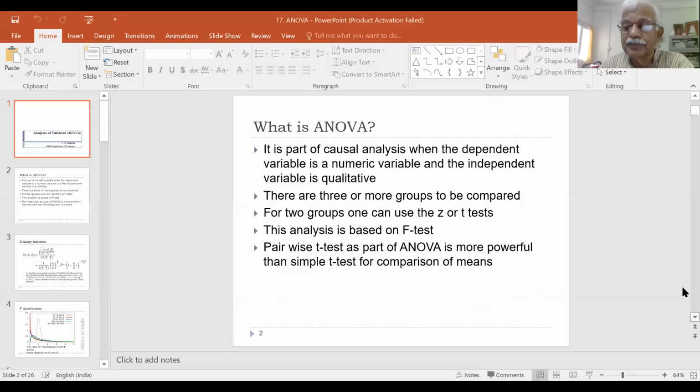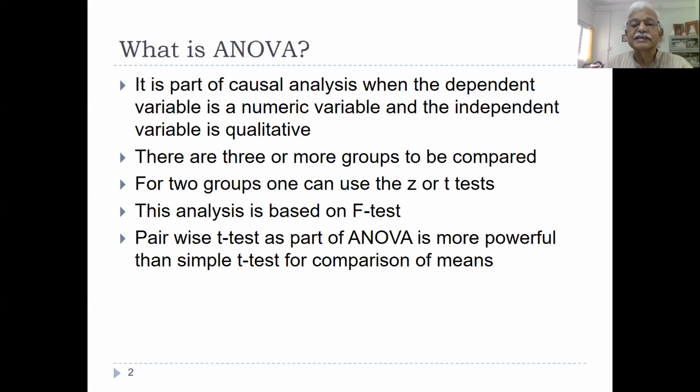Friends, this ANOVA or analysis of variance is part of causal analysis when the dependent variable is a numeric variable and the independent variable is qualitative. There may be two or more independent variables also, and some of them can be qualitative.